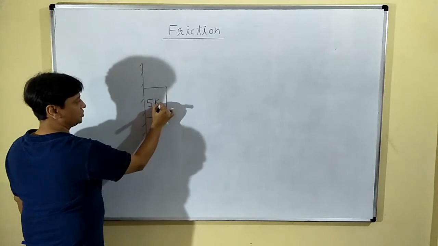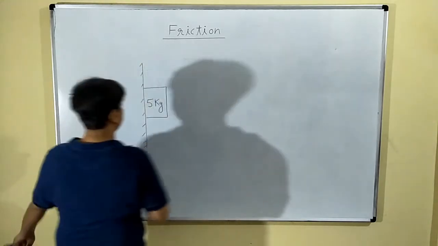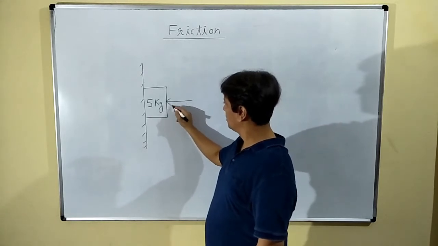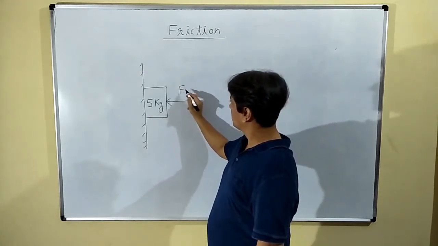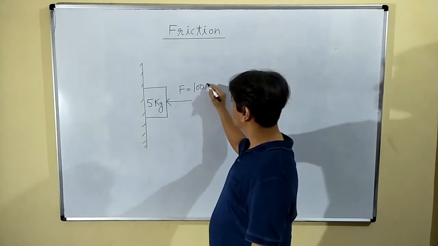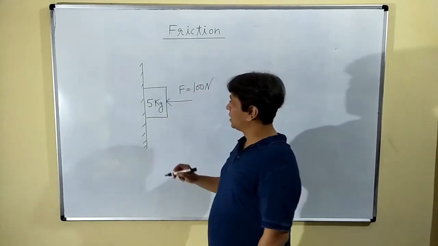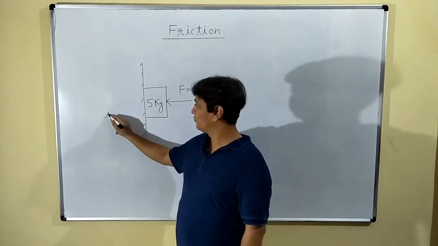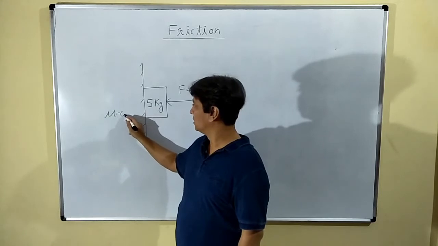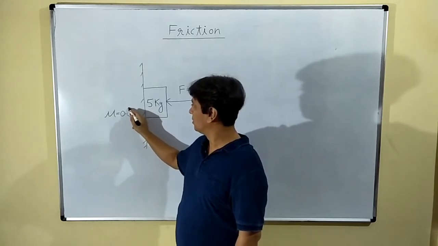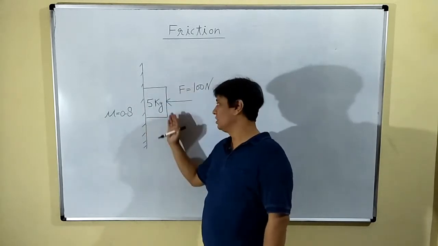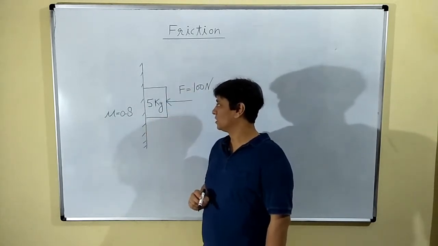A block of 5 kg is being pushed against this vertical wall by a force of 100 newtons. Coefficient of friction mu is 0.8 between the vertical wall and the 5 kg block.